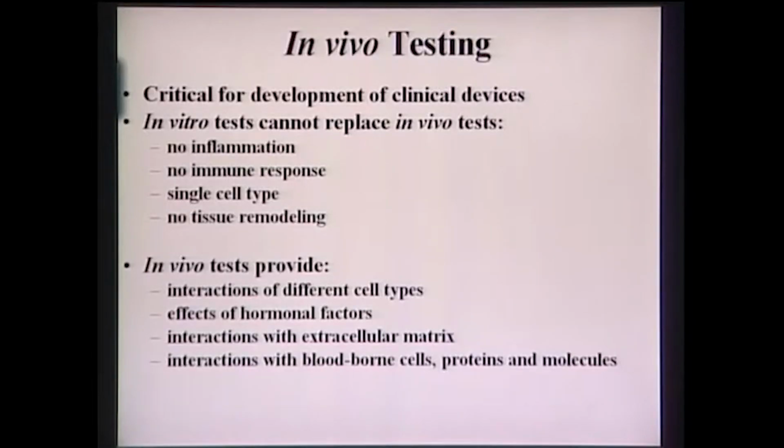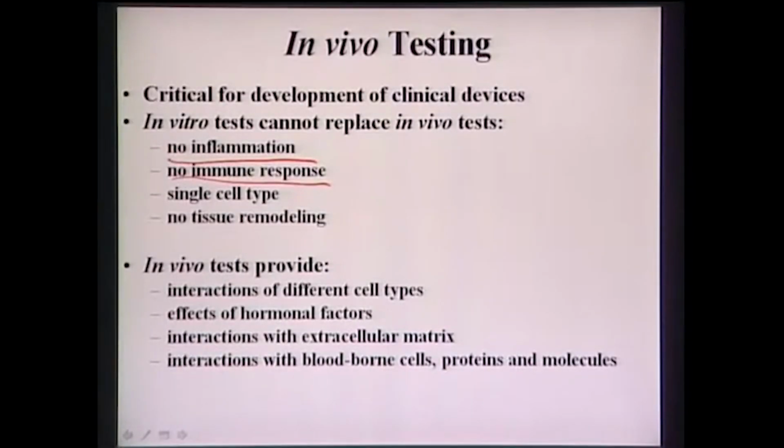However, as I said before, in vitro tests cannot replace in vivo tests, because in in vitro tests you do not see any inflammation, and there is no immune response. Because in vitro tests are not carried out inside an animal model, they cannot tell you whether a given biomaterial can cause inflammation when implanted inside the human body or any animal, or whether there will be any immune response to this biomaterial.